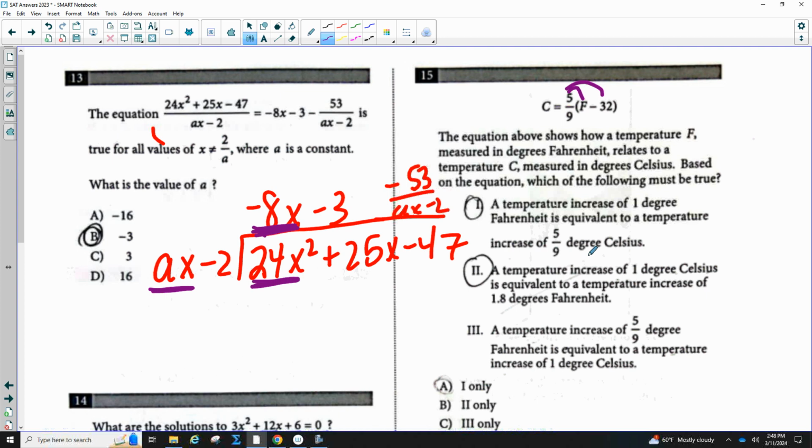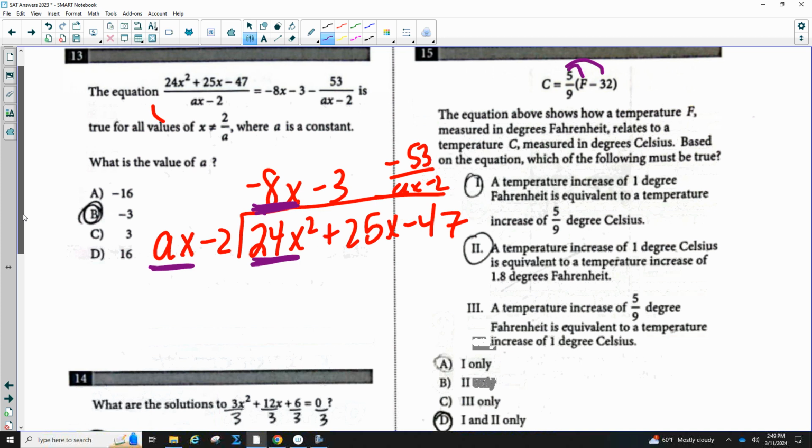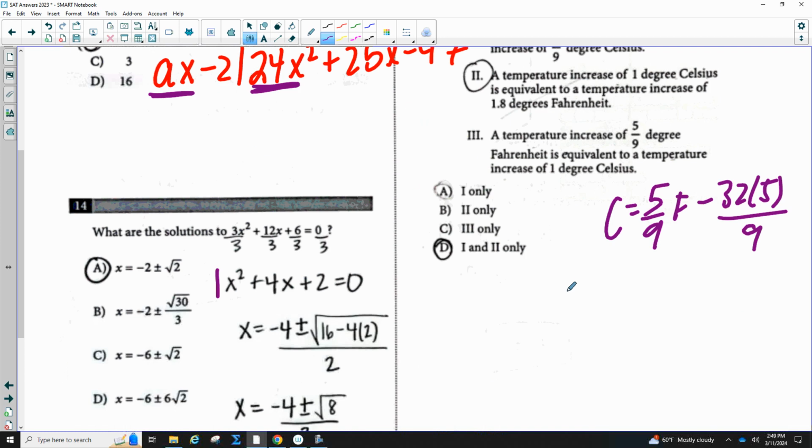Now, it also works the other direction if you solve for F, okay? So I have C equals 5/9 F minus whatever 32 times 5/9 is, okay? And what I can do is move that 32 times 5/9 to the other side, and then multiply by the reciprocal of 9/5.